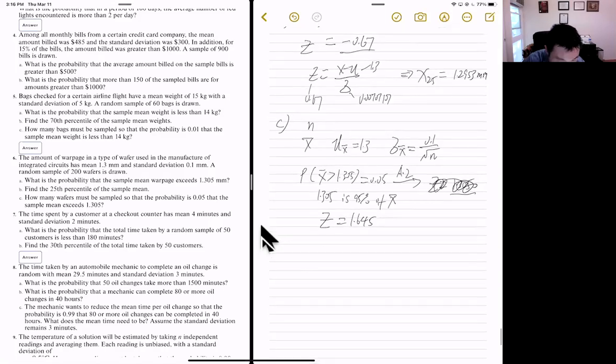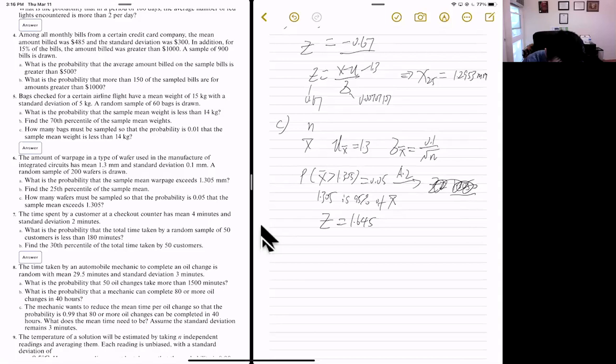And then we use the equation x equals z sigma plus mu. x is 1.305, z is 1.645, and sigma is the value with sample size n, and the mean value is 1.3 here.